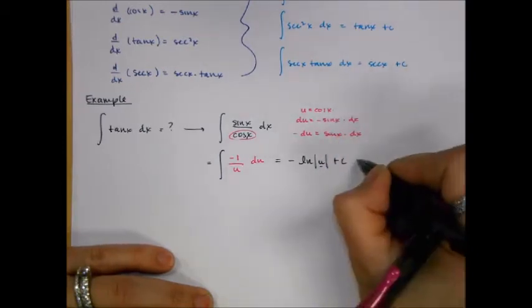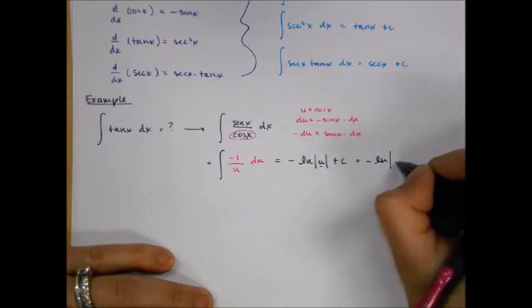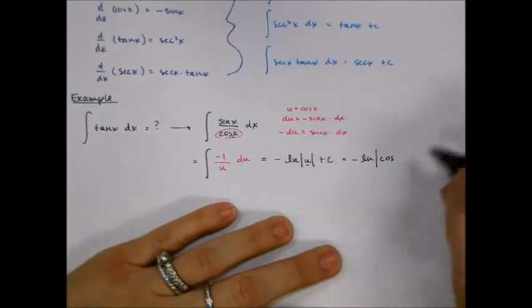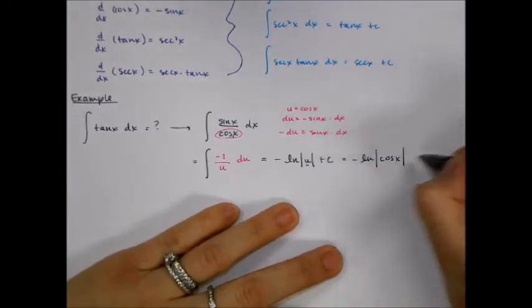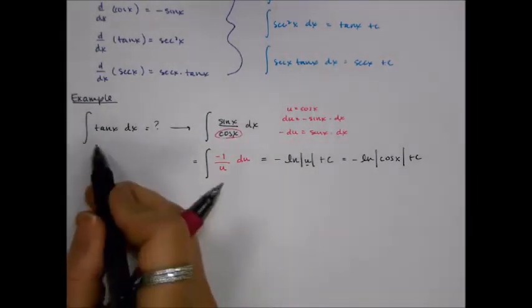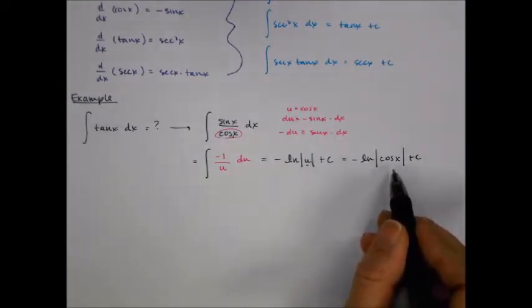This is negative natural log of the absolute value of cosine x plus c. And you'll need your absolute value symbols because the trig functions have both positive and negative values. Now, this means that the integral of tangent is negative natural log of the absolute value of cosine x plus c.